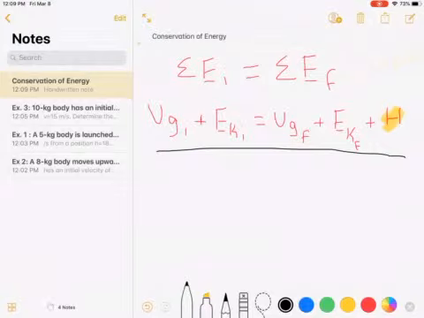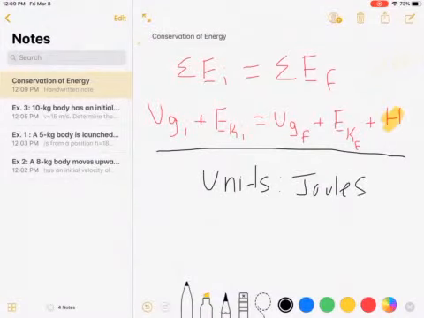We can use that formula to determine how energy is transferred within a system before or after a motion, before or after a collision. And all these energies are measured again in joules, which we use a capital J to represent. So let's take a look at an example.